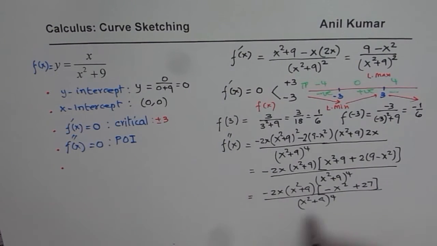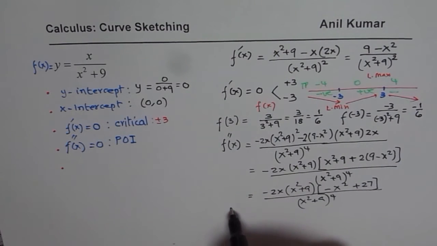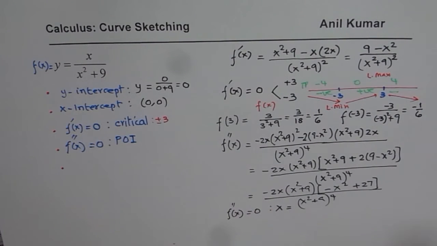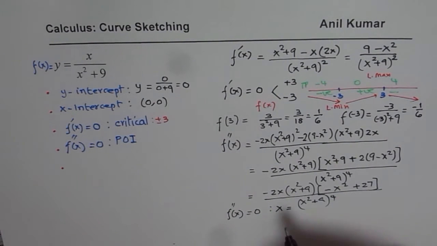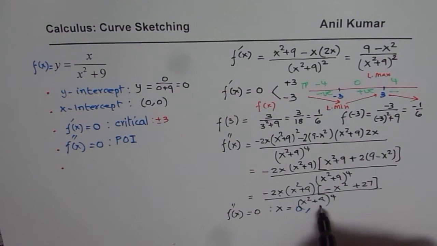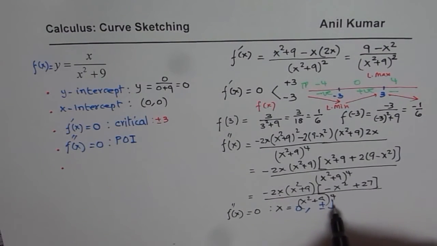So the second derivative, f double prime of x, is 0 when this factor is 0. This is never 0. Or when minus x square plus 27 is 0, right? That means x is plus or minus square root of 27.